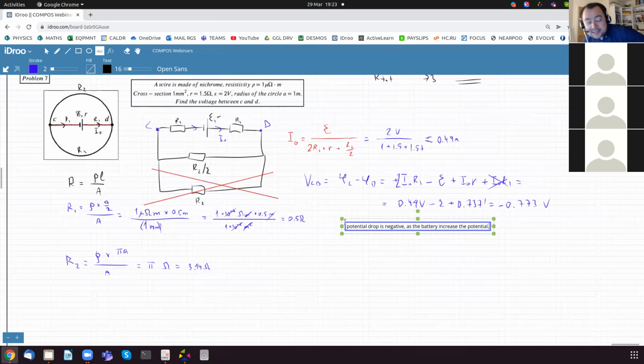Let me know if you understand the collusion. The collusion here, that current goes from C to D. But we know that current goes from high potential to low potential. Here it's flowing from low potential to high potential. Is there a collusion, or am I thinking things?